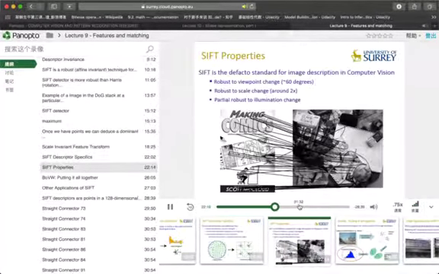Okay, so how well does this SIFT detector and descriptor perform? This is one of the figures from the original paper from David Lowe in 2004. We've taken an image of this comic book, detected SIFT features, and extracted the SIFT descriptors local to each of those features.